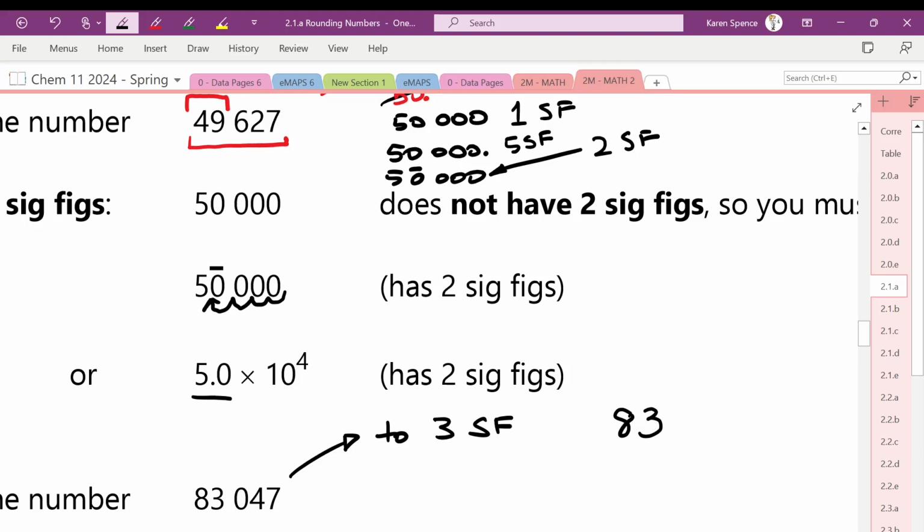Do I keep the 0? Yes. Do I keep the 4? No. Do I keep the 7? No. Now I want it to be 3 Sig Figs. How can I make this number 3 Sig Figs? I can put the overbar, or how else could I write it? 8.30 times 10 to the 1, 2, 3, 4. Okay?